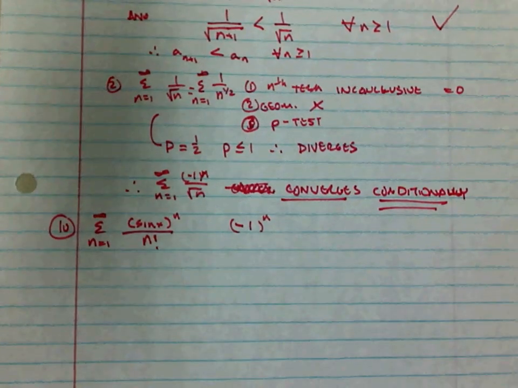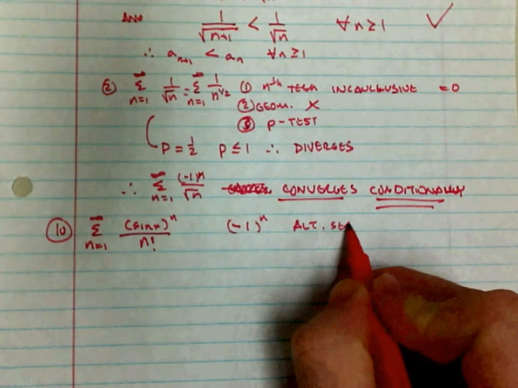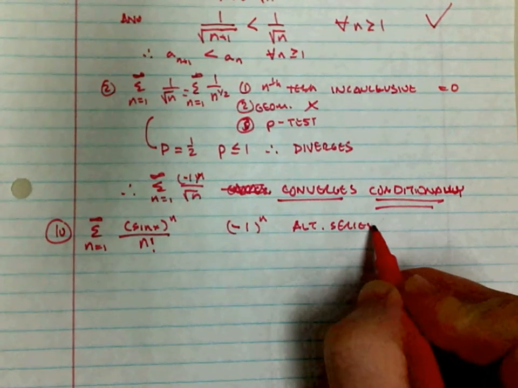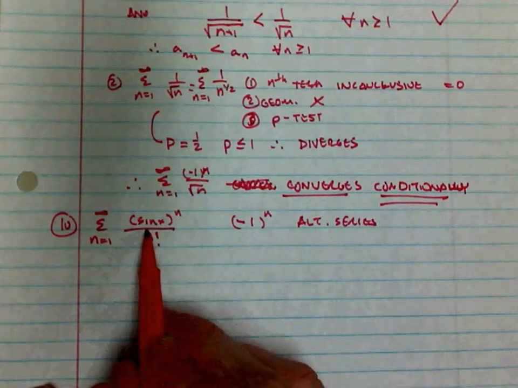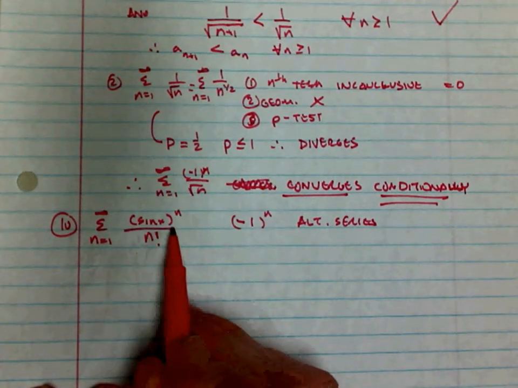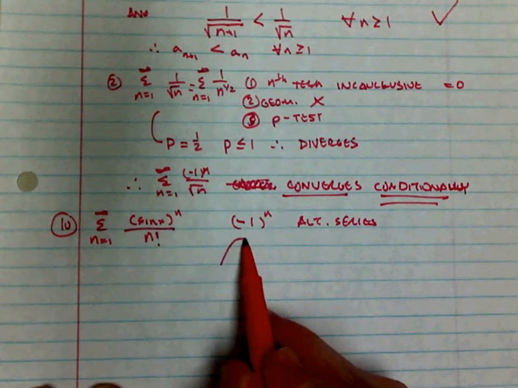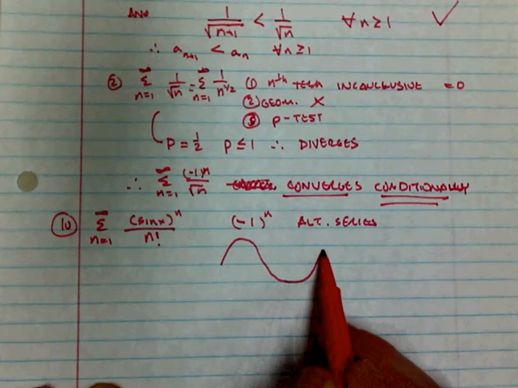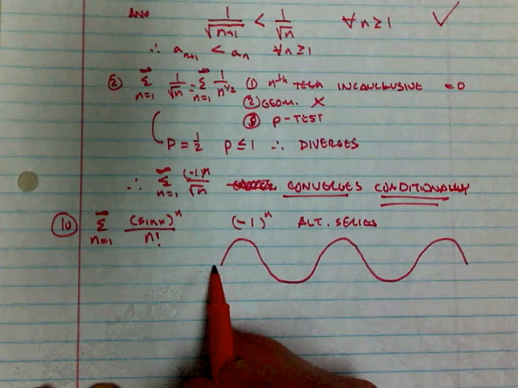So alternating series, not in the classic sense, but think about this. As we go through each one of these n's, sine has a value that's positive, negative, positive, negative, positive, negative, as we go through each one of those x's.